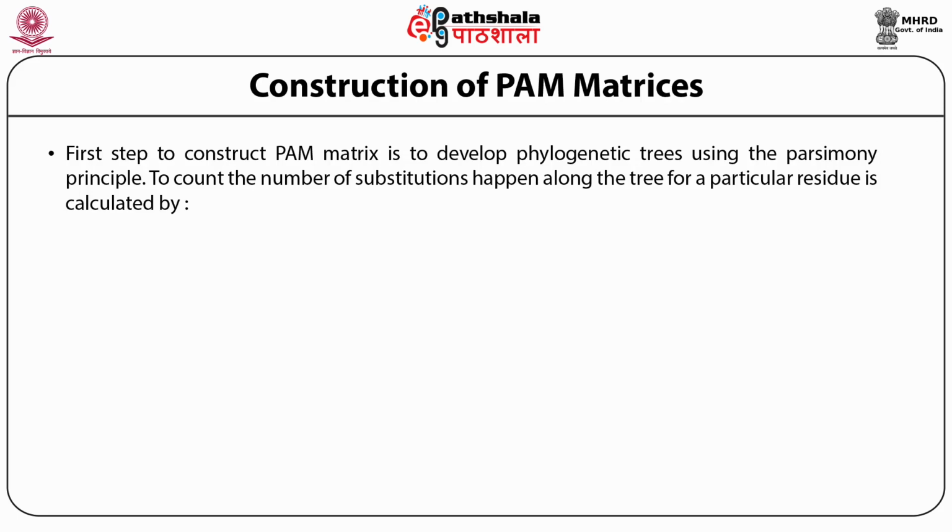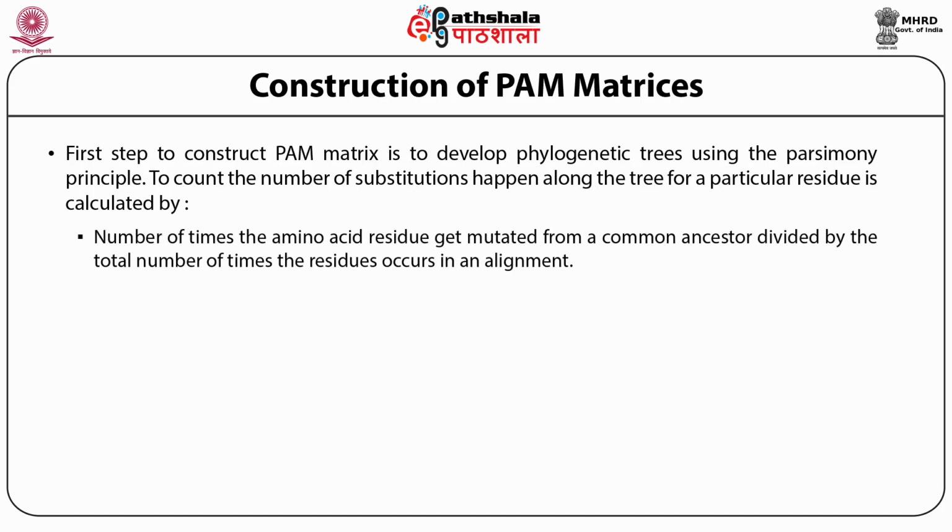You must have learned about the parsimony principle in the phylogenetic module. To count the number of substitutions along the tree for a particular amino acid residue, we calculate the number of times the amino acid residue gets mutated from a common ancestor divided by the total number of times the residue occurred in a sequence alignment.